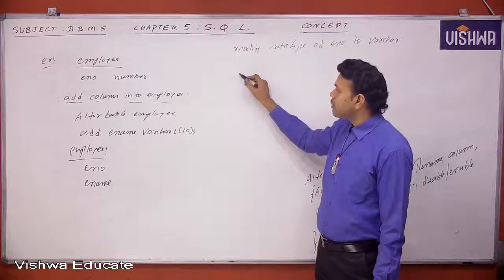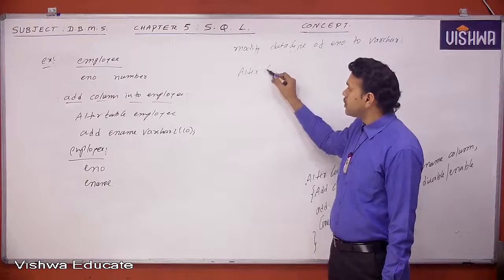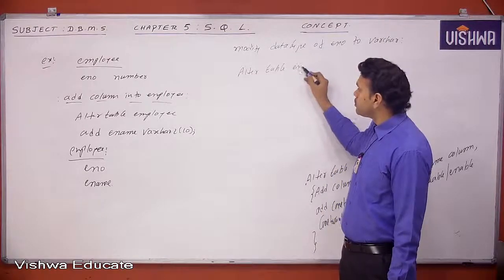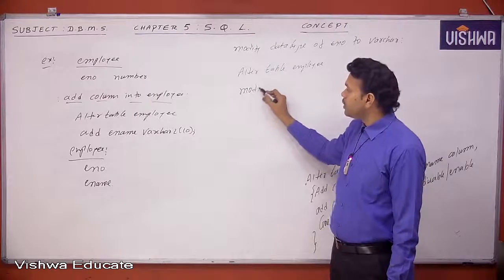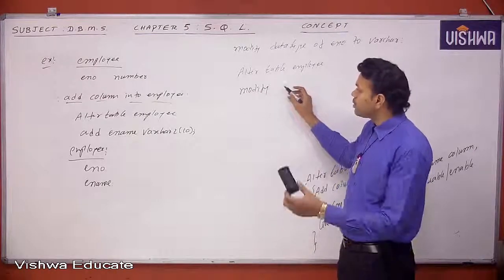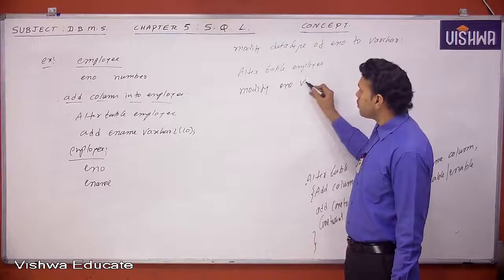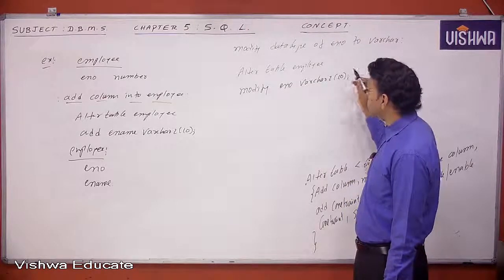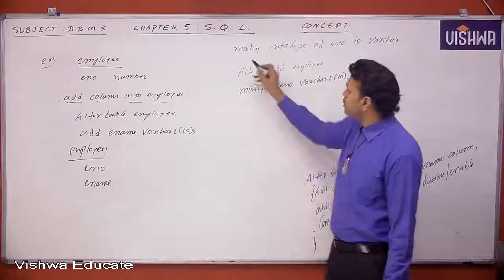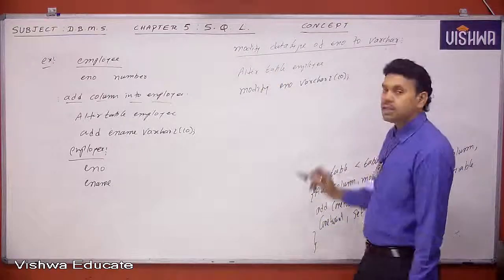What is the command? Alter table employee modify, where modify is the keyword. Then the column name, employee number, and write the new data type. So this is how to modify a data type.